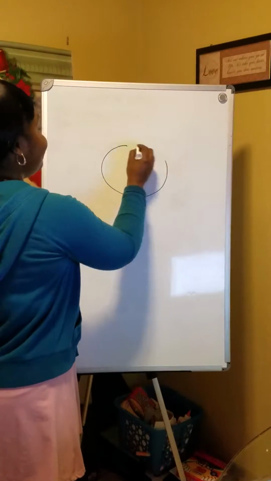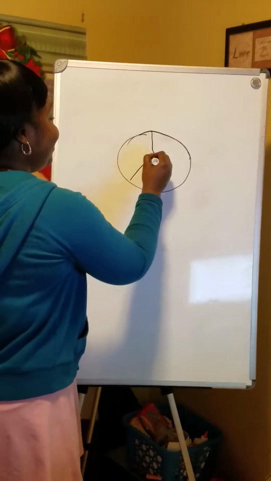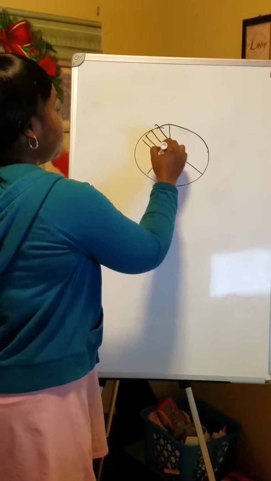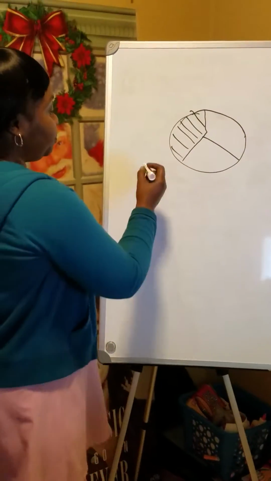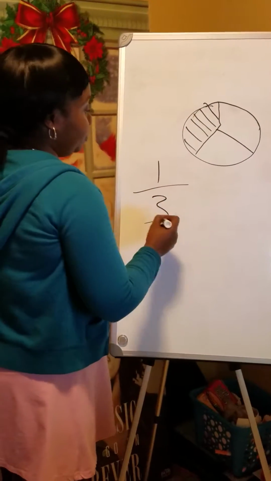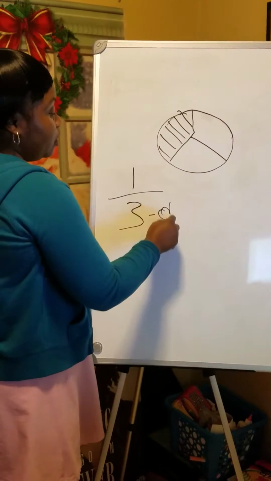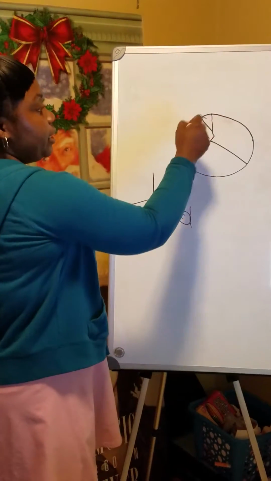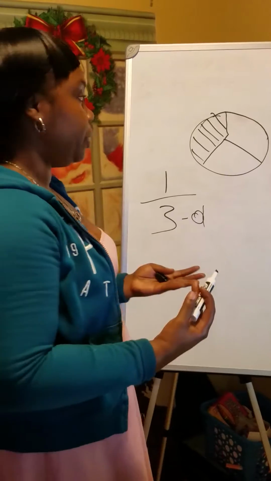So now, say this is a cupcake. I cut it in 3 equal parts and I give away one section of the cupcake. So I give away 1/3. And remember, the denominator tells us what? How many parts the item is being cut into, how many equal parts.